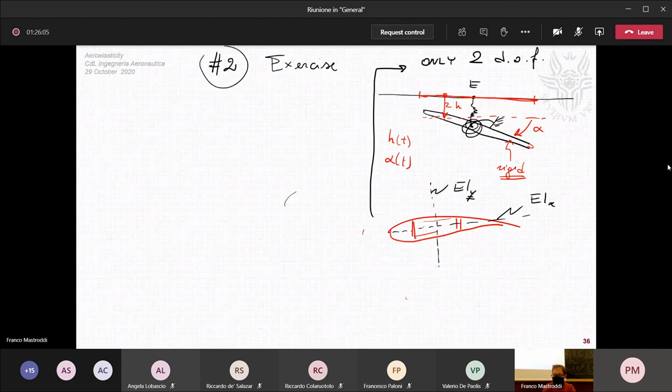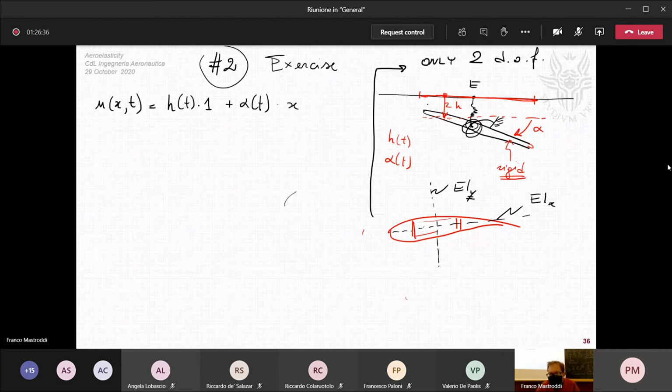But now we are mature persons, and therefore I can state the following. The generic displacement of this section of the wing is equal to h(t) times 1 plus alpha(t) times x. What does it mean?